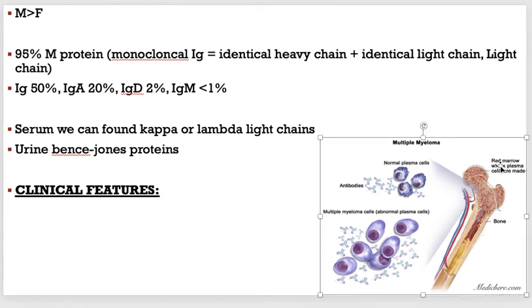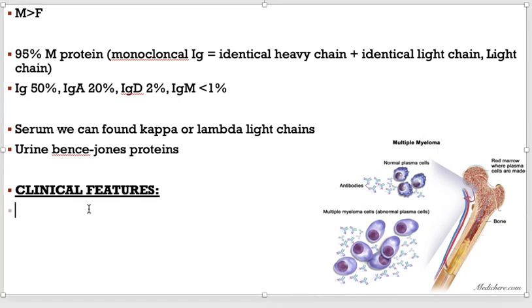Bone marrow, where the plasma cells are made. This is the bone. These are the normal plasma cells, and these plasma cells are making antibodies, right? And see, these are the abnormal plasma cells which look bigger, and they make a lot of antibodies, or the light chain or the heavy chain, whatever.